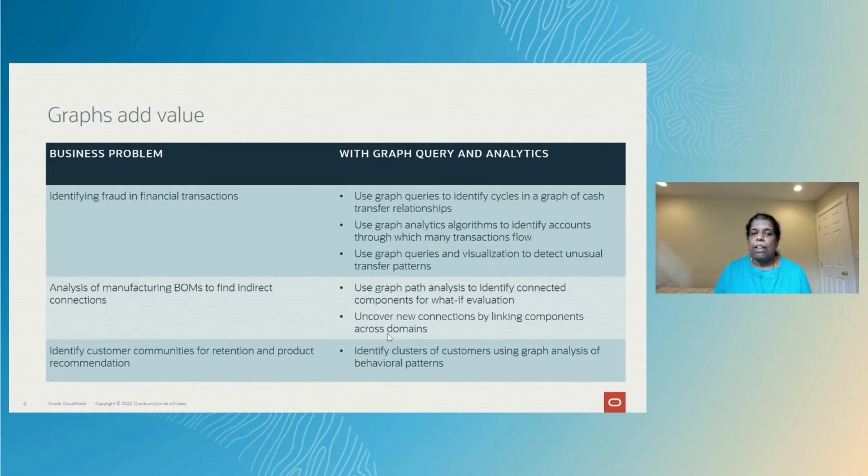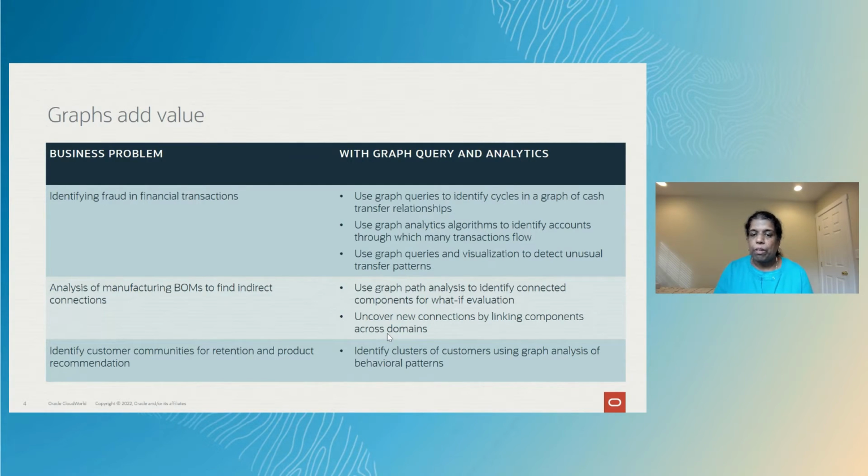For example, if you have a set of cash transfer edges that form a cycle, that is perhaps something to investigate further, because when cash moves around in a cycle, it can maybe represent money laundering. That is, let's say your cash transfer starts with account A, goes to account B, then C, to D, and then comes back to A.